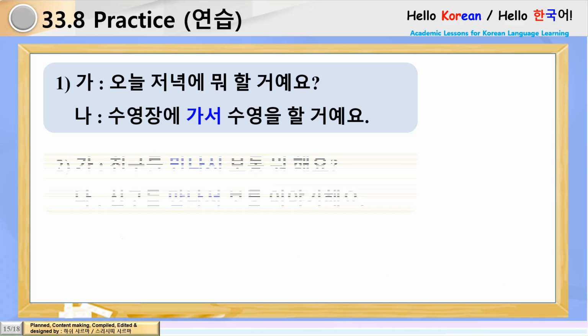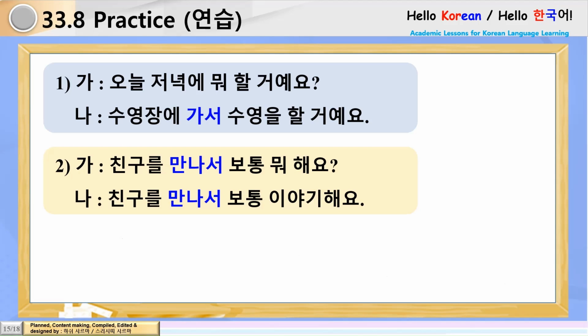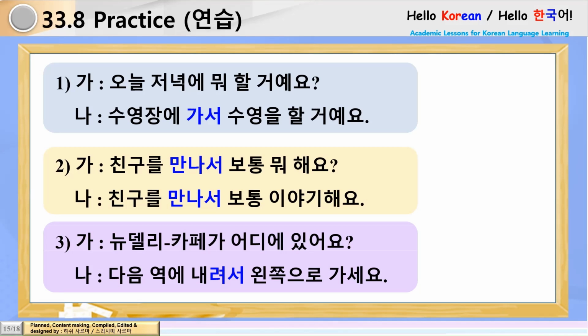Number 2. 친구를 만나서 보통 뭐 해요? 친구를 만나서 보통 이야기해요. Number 3. 뉴델리 카페가 어디에 있어요? 다음 역에 내려서 왼쪽으로 가세요. All these three example sentences are connected with respect to time.